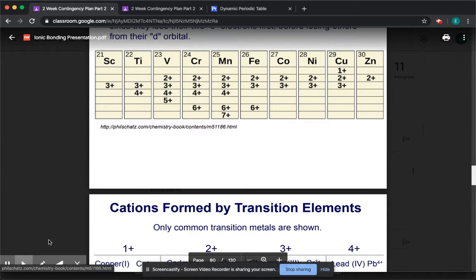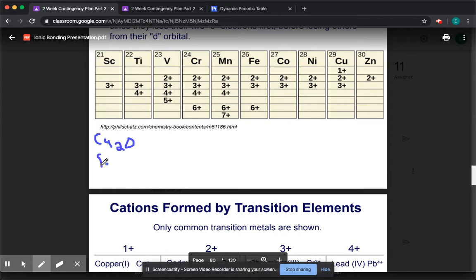Now, if I wanted to name it, let me do the 3 we just had. I'm going to need more space, so I'm going to do it over here. For copper and oxygen, you have 3 options. You have Cu2O, which would be the plus 1 copper.